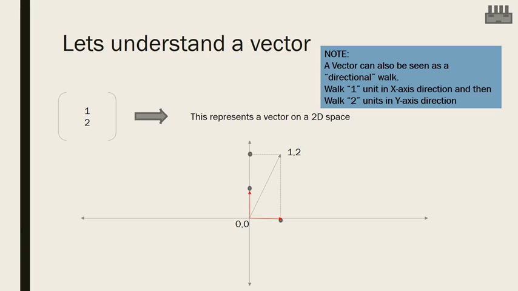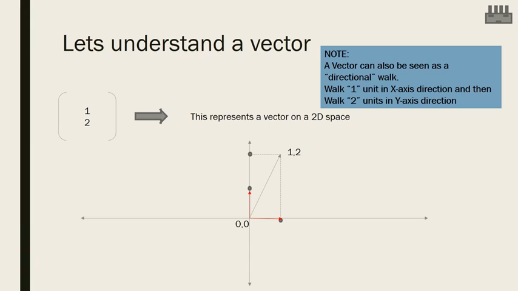Another way to look at the vector, which is essentially the same as what I spoke before, is as a walk on the x and y axis. You just walk 1 unit in the x-axis direction and then walk 2 units in the y-axis direction, or you can choose to walk from 0, 0 on the y-axis 2 units and then 1 unit on the x-axis from there. Both of them will reach 1, 2.